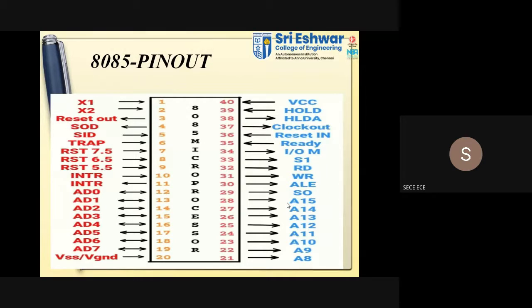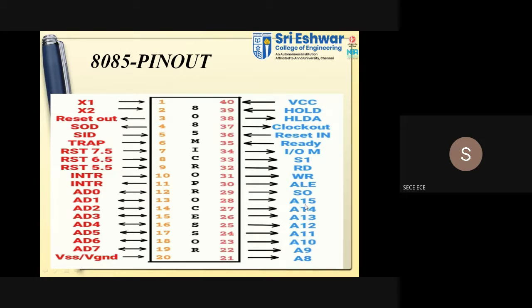Harinikesh, super. We have 16 address lines. Here you have multiplexed address and here you have individual address. A0, A1, A2 up to A15.